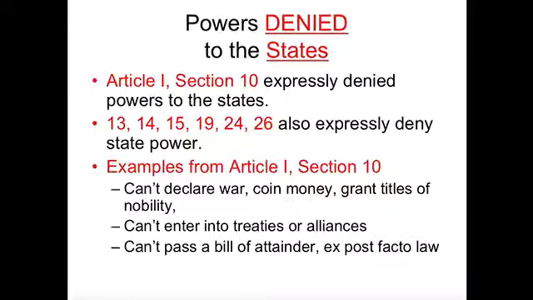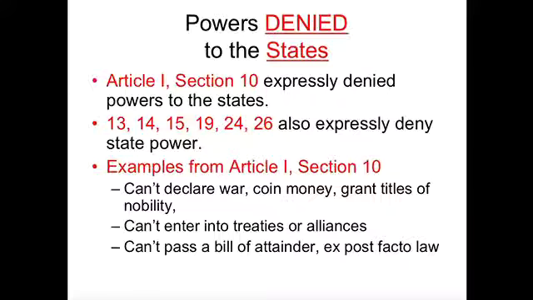Now, the last part here, powers denied to the states. Just like the federal government, the state governments in Article 1, Section 10 have powers expressly denied. Also, if you look at the Civil War amendments, the 13th, 14th, and 15th: the 13th abolishes slavery. The 14th establishes citizenship requirements, as well as the due process clause against the states.